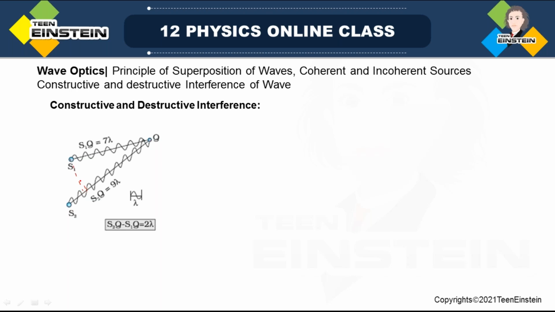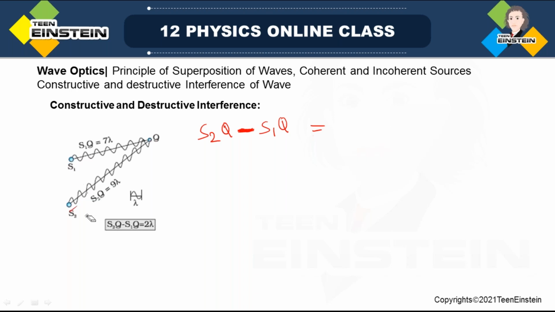If I take the difference S2Q minus S1Q, S1Q is the lesser path and this is the greater, longer path. And see what the difference is here?